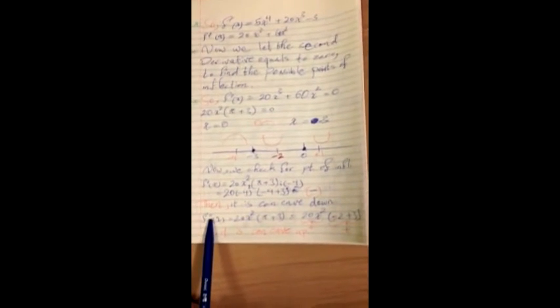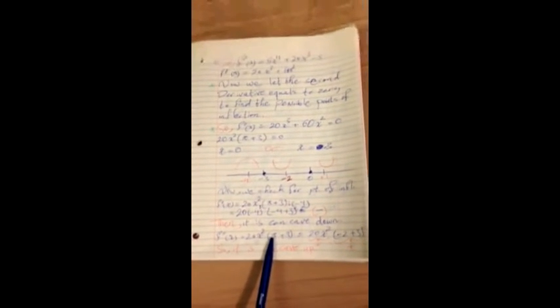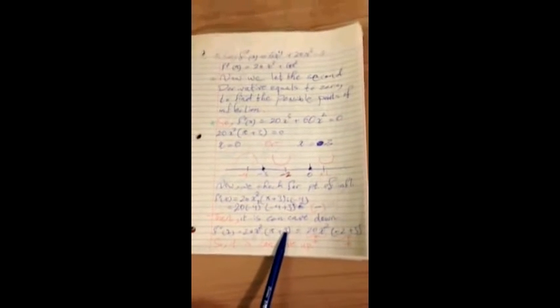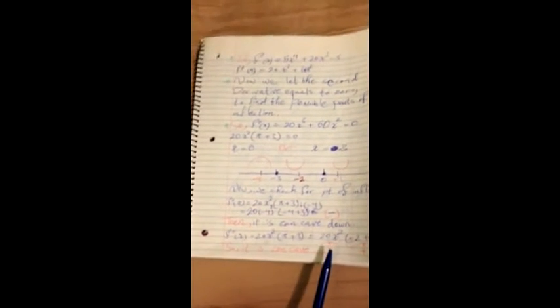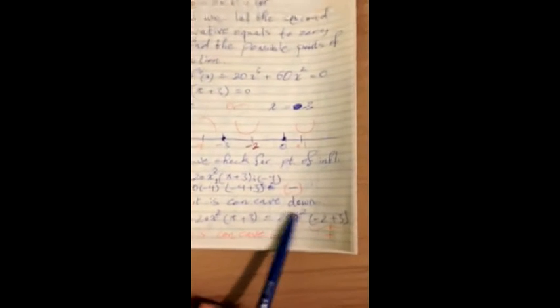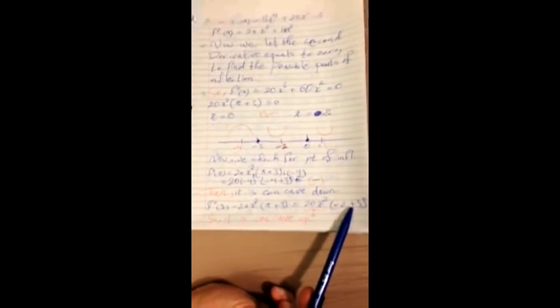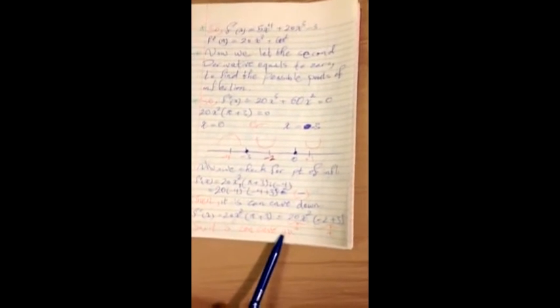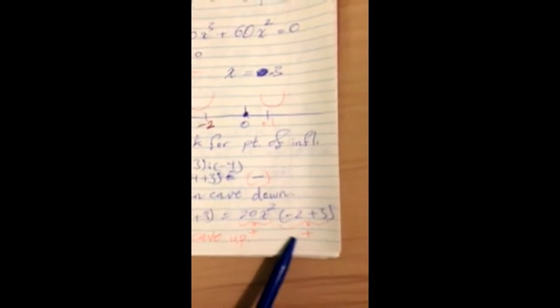Our second derivative is 20x squared multiplied by x plus 3. 20x squared is positive, and this term, -2 plus 3 equals +1, is positive also. So it is concave up because the second derivative is positive.